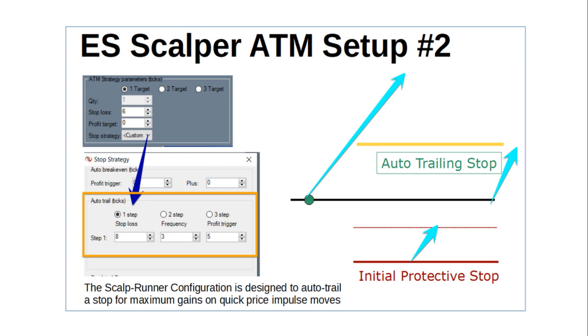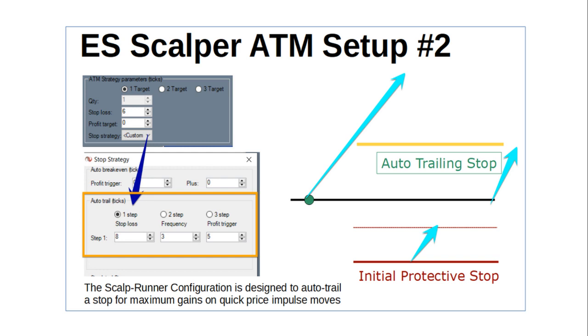Okay, and sometimes those are going to get hit. It's just the nature of the beast. But the idea here is that every time you get 3 ticks in your favor, it's going to go ahead and ratchet another 3 ticks behind. So the very second time it evaluates, on the next 3-tick move, it gets you to break even, and so on and so forth.